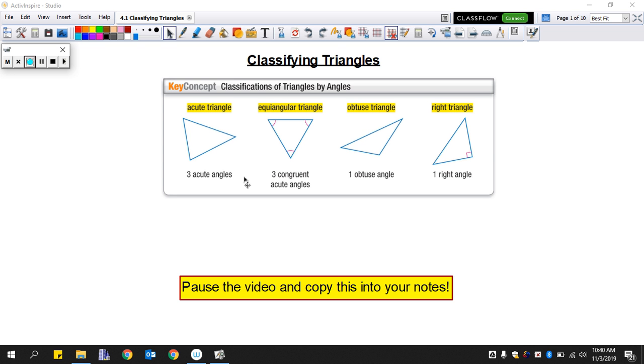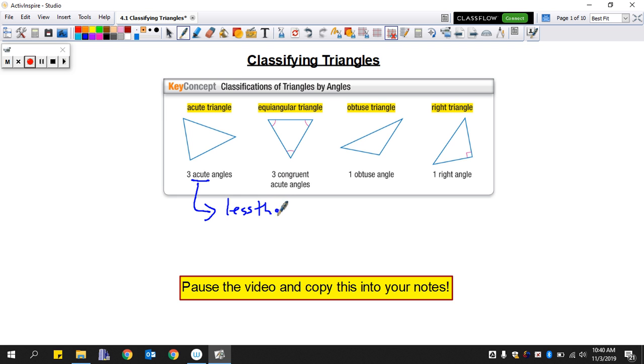All right, the first one that we have is an acute triangle. An acute triangle has three acute angles. Now remember that when we're talking about acute angles, those are angles that have a measure of less than 90 degrees.